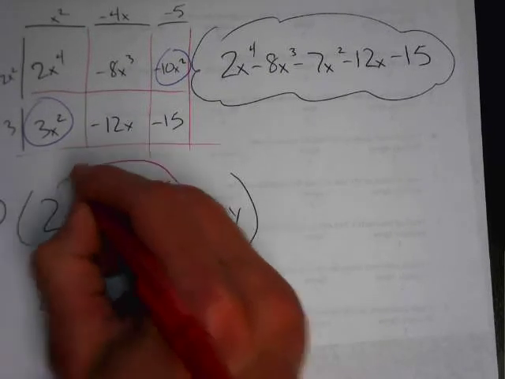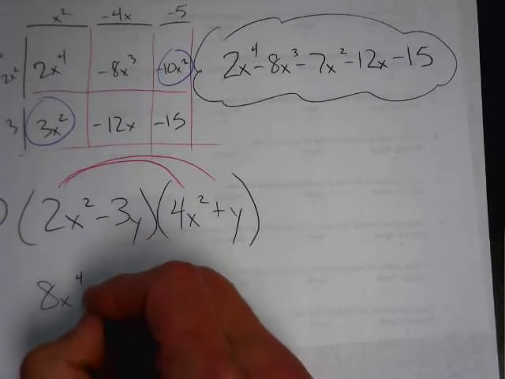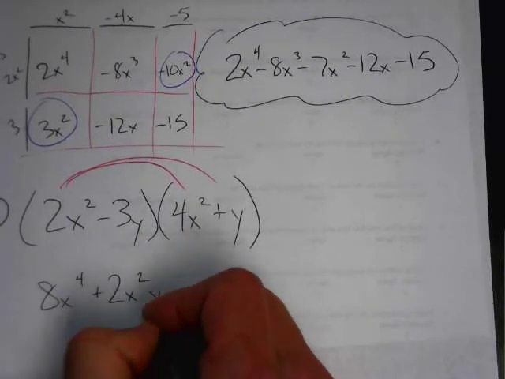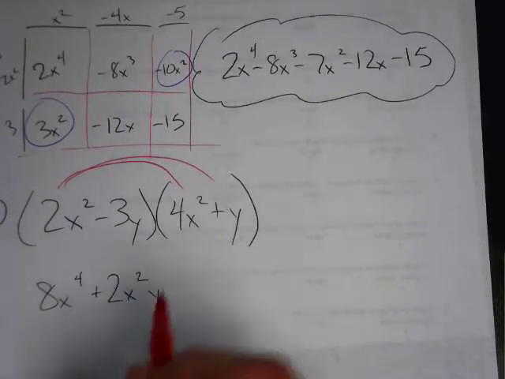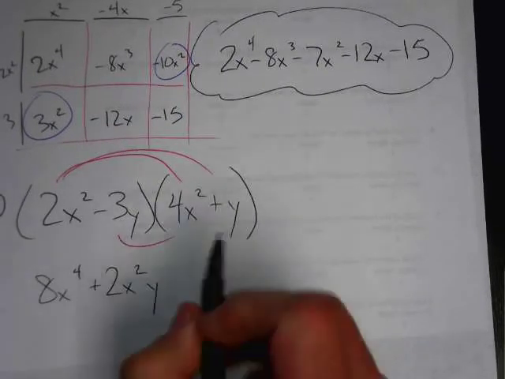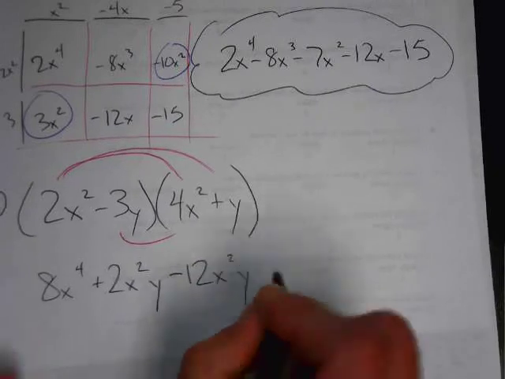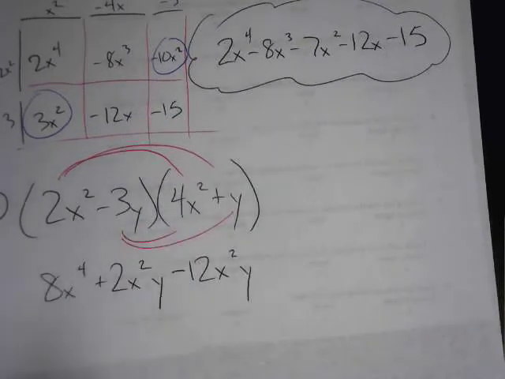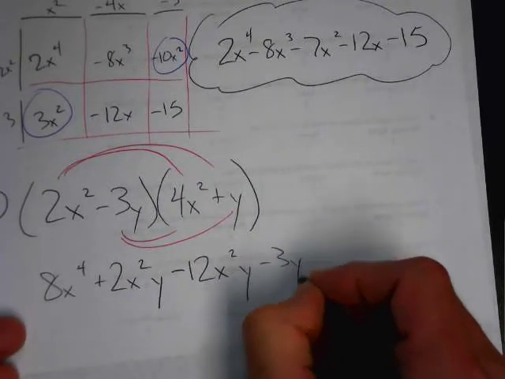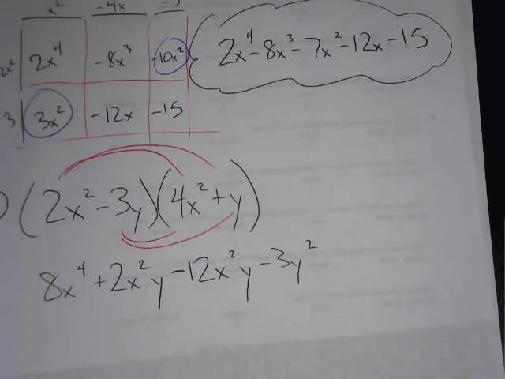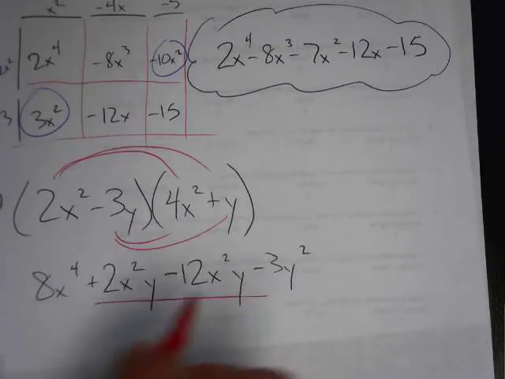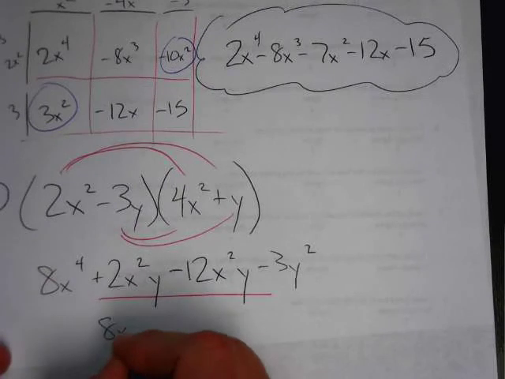And then 2x squared times y, 2x squared y. And then minus 3y times 4x squared, so that would be negative 12x squared y. Then minus 3y squared. And now I can combine my like terms in the middle, and I'm all set to go.